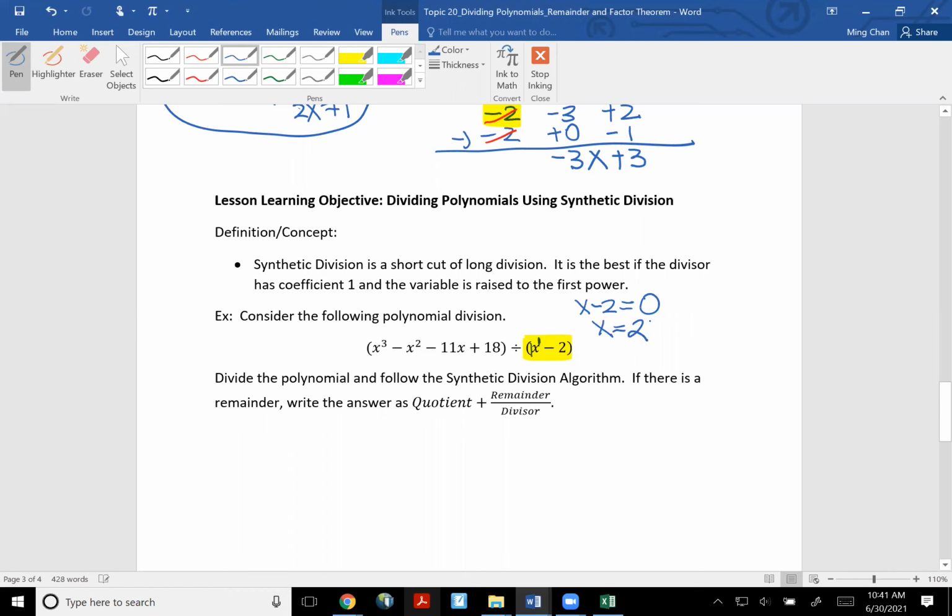So basically, if this is a brand new problem, let's pretend the divisor is a factor of the polynomial. If we pretend it is a factor, then we can set it equal to 0 and say x equals 2 is a zero. We can pretend that x equals 2 is a zero of that polynomial, and that is what we needed as a divisor.